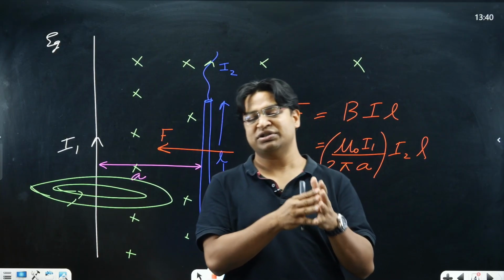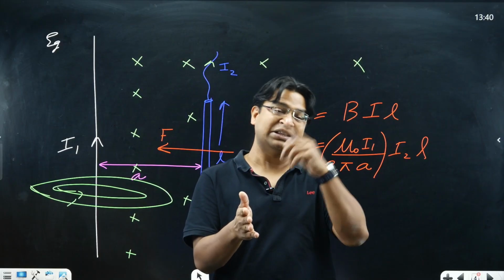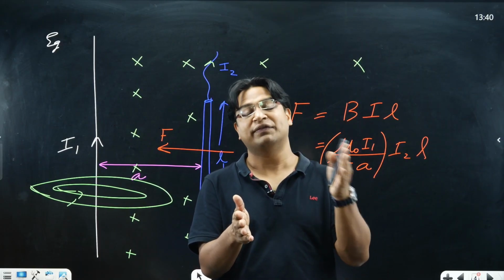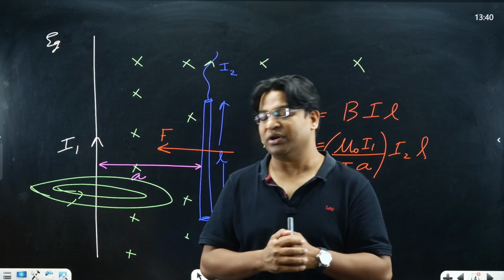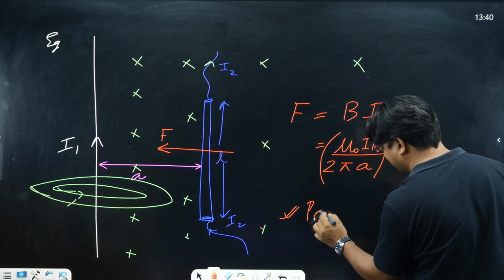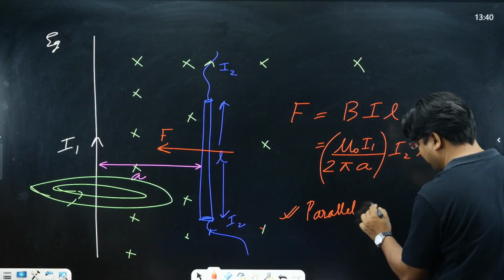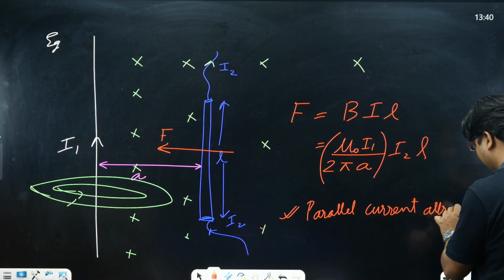You can say the same thing for the other wire also: the second wire is creating a magnetic field and the first wire lies in the magnetic field of the second, so the first wire would experience a force towards the second wire. So what you can remember from here is that parallel currents attract. I'm talking about the magnetic behavior.